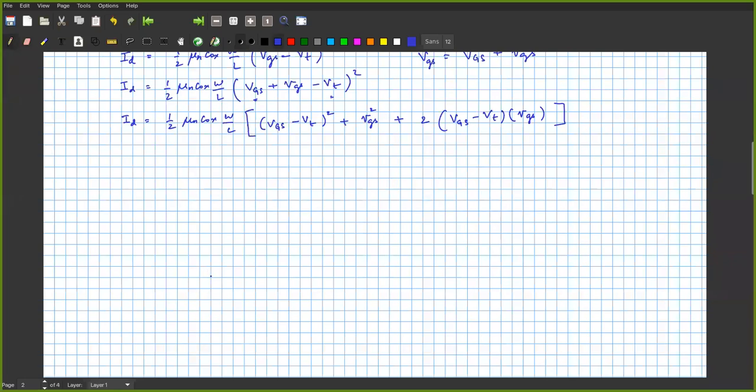Now I'll separate out the terms, split it into three terms.